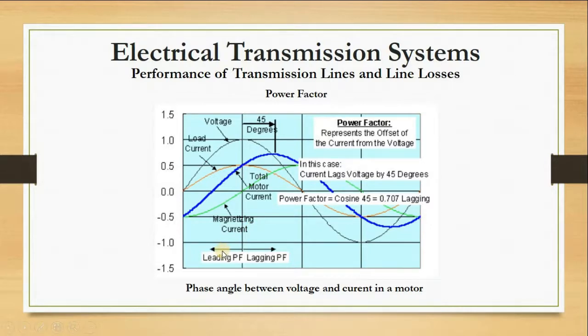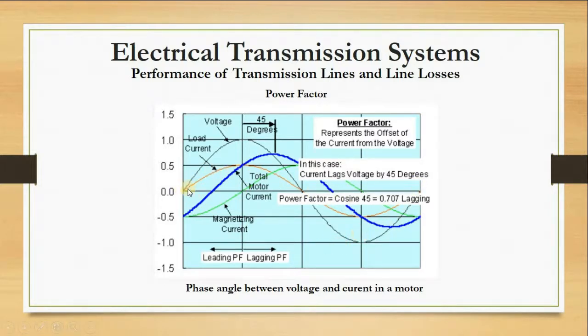Okay, so let's use the 0 point and the starting point. You can see the voltage starts here, covers 90 degrees before the magnetizing current starts from the 0 line. So it means that the voltage is actually leading this magnetizing current by 90 degrees, although it is in phase with the load current, the true current.